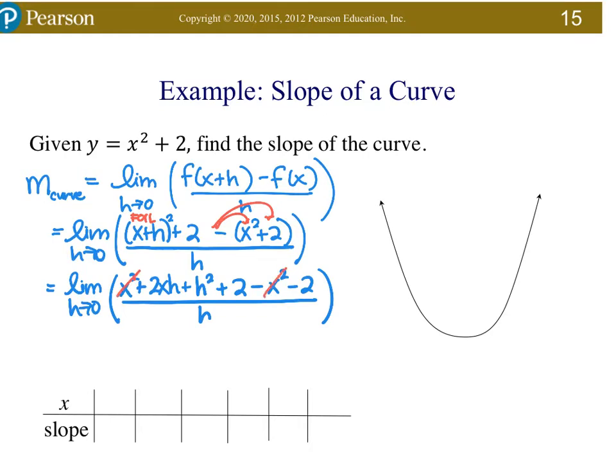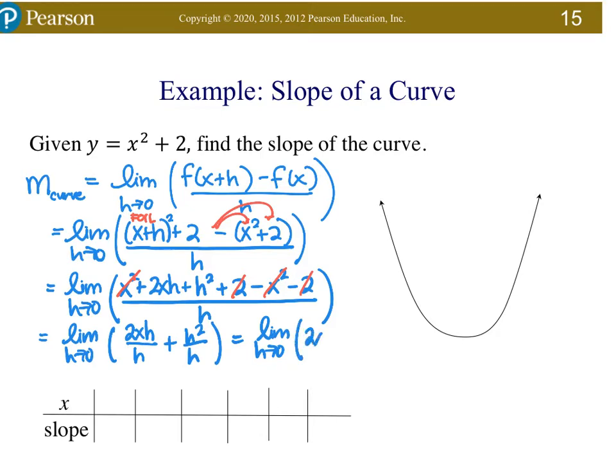So x squared cancels x squared, 2 cancels 2, and then I'll have common denominators. So 2xh is left over the common denominator h, and h squared is left over the common denominator h. And those both reduce to 2x plus h, and then we'll substitute 0 into h, and we'll get the equation 2x. So this is the formula that will tell us the slope of the curve.